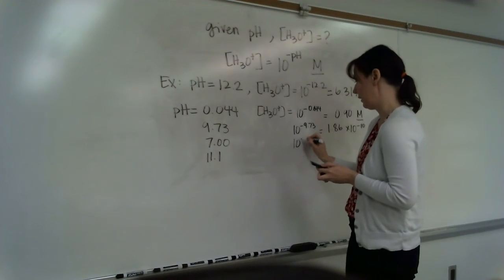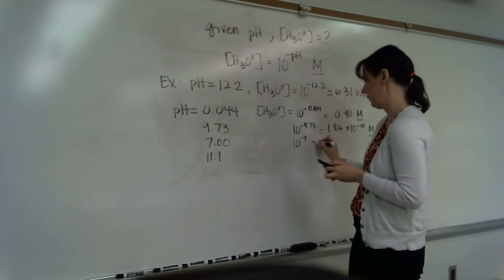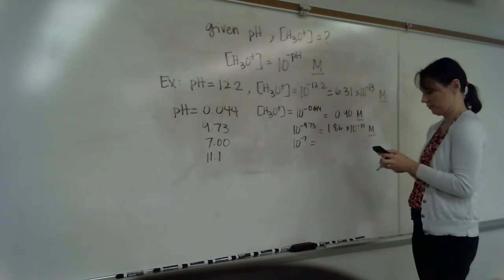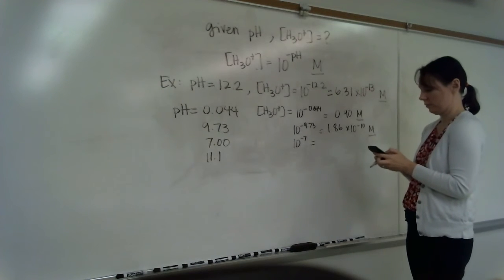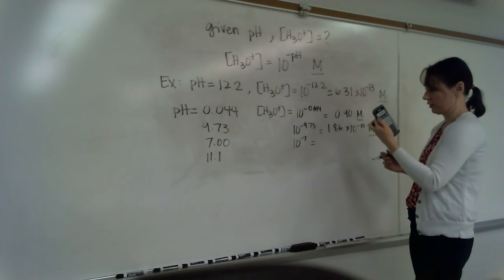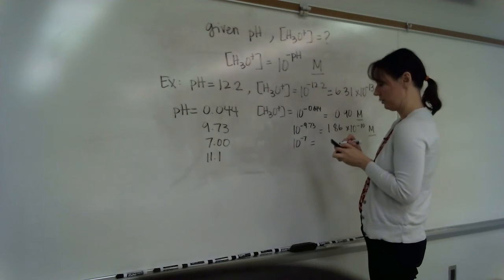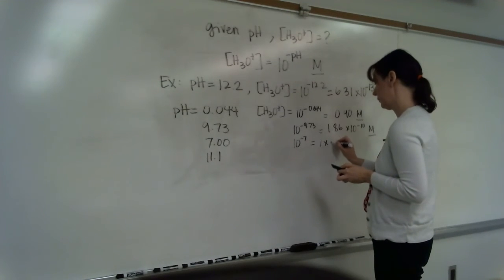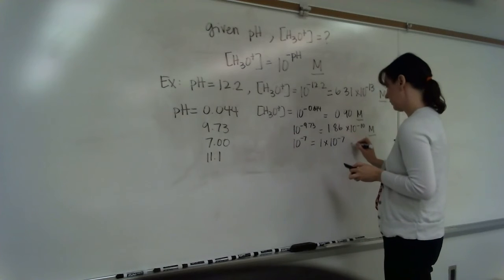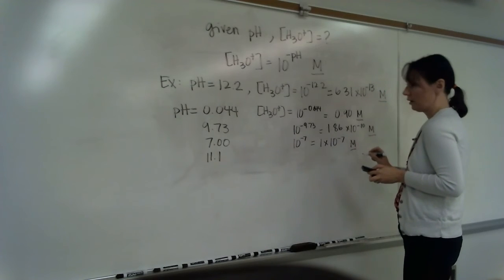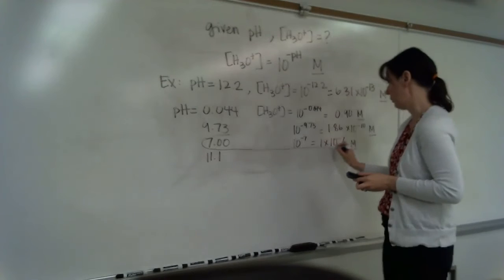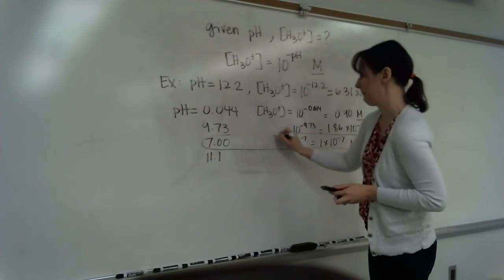7, this would be 10 to the negative 7th. So what is that one? When you enter that into your calculator, you're just going to get what? 1, 2, 3, 4, 5, 6, 7, right? There's something special when pH is equal to 7. What do we call that? Neutral, right?